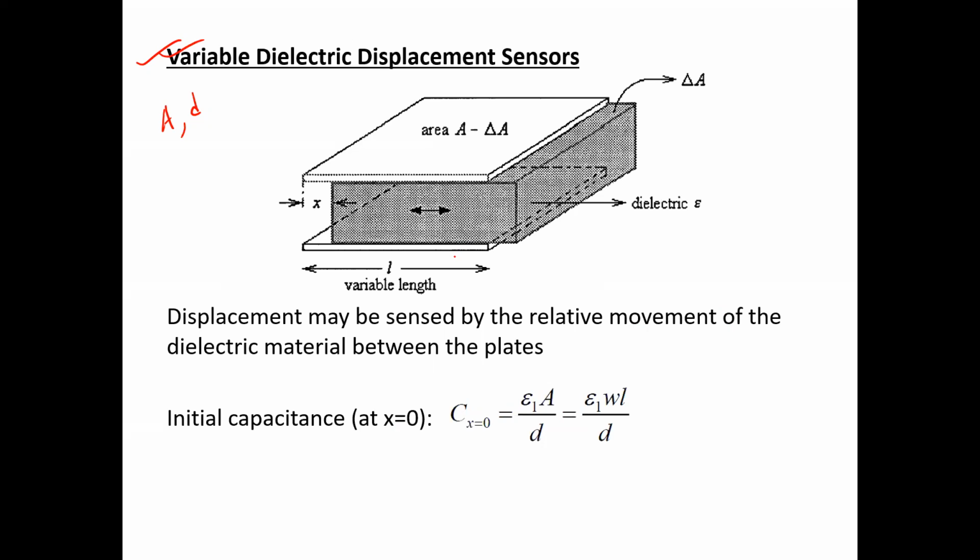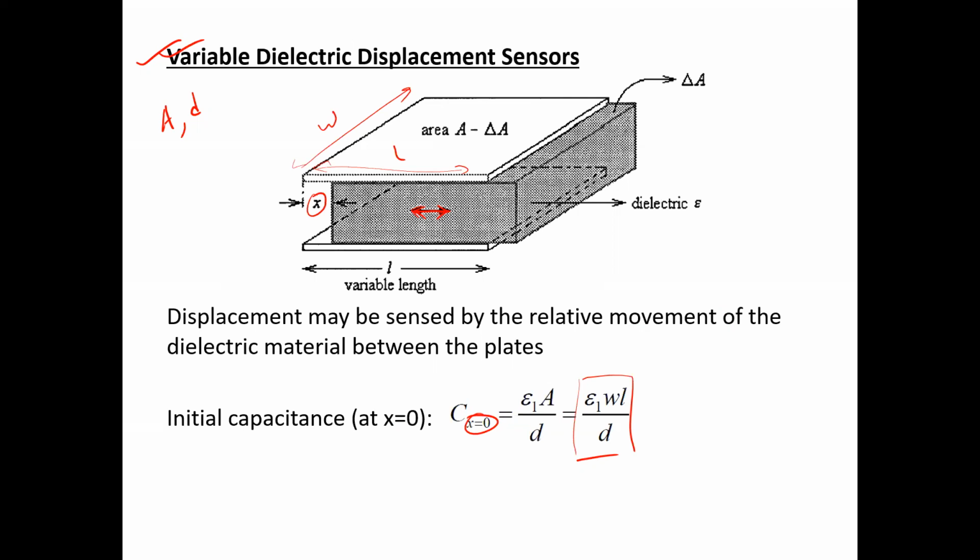Now, suppose the dielectric can be displaced in the horizontal direction. Before there was any displacement, when x was equal to 0, this would be the simple expression of the initial capacitance, where W is the width and L is the length of the entire arrangement.